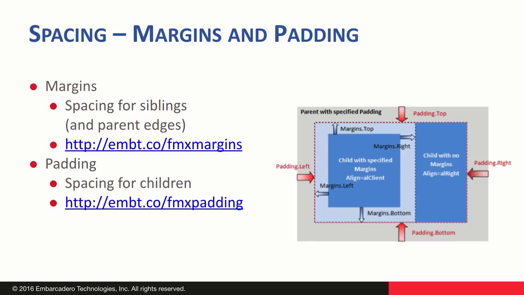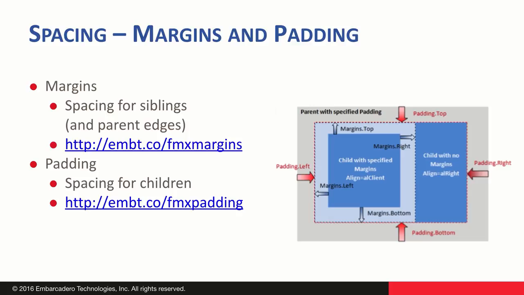What this is really good for is if you want to maybe put a button in the top left corner, but you don't want it all the way in the corner. So it used to be in VCL, you'd put down a panel, which should be like a layout, and then put a button on it and then try and set the button so that it was 10 from the top and 10 from the left. And then you would align the panel to the left, but then not the button.